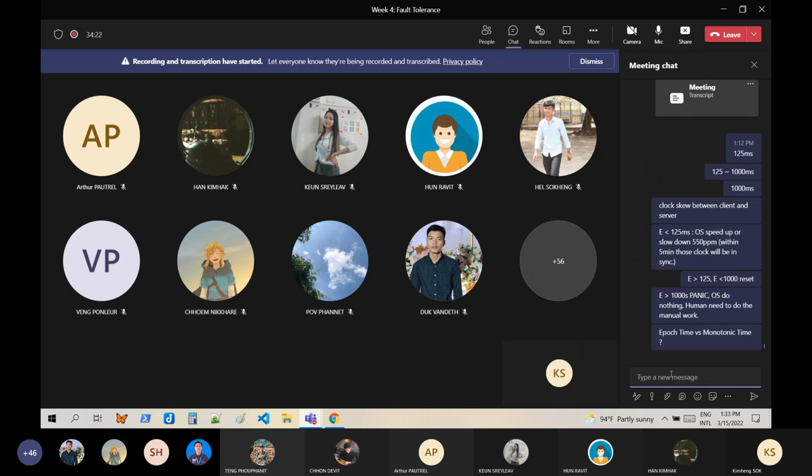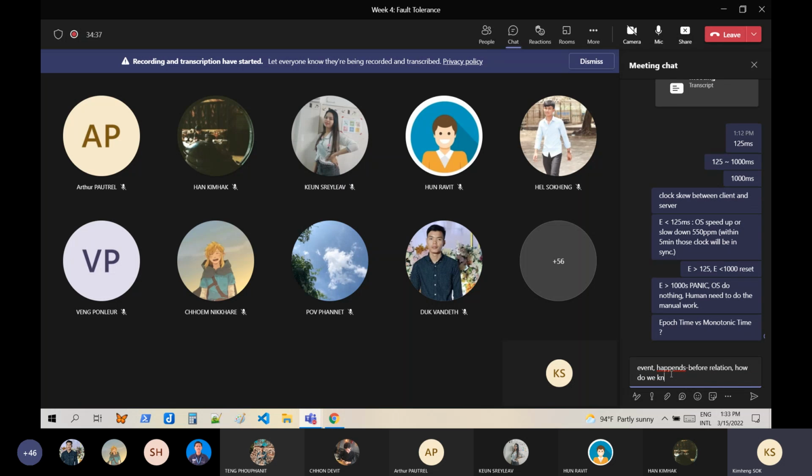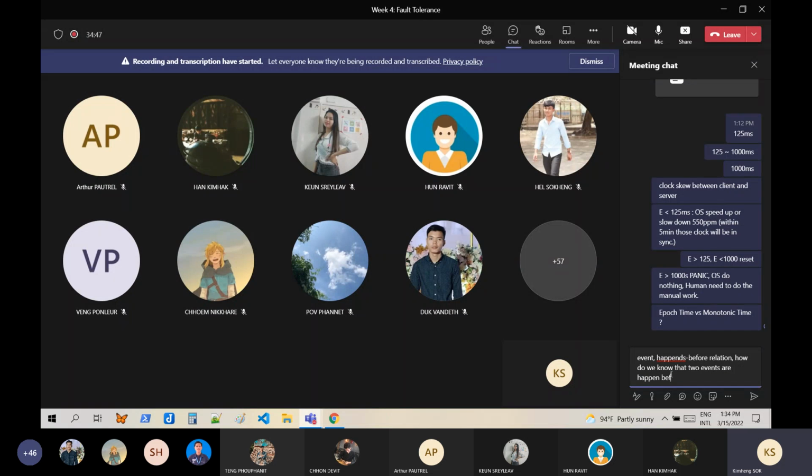Question: so now we know what an event is, what the happens-before relation is, and then how do we know that two events happen before or after or are concurrent?